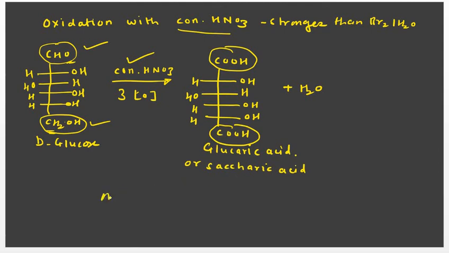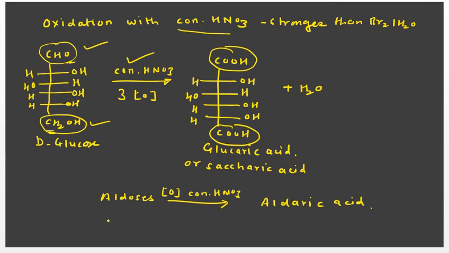So remember, when aldoses are oxidized by using concentrated HNO3, then they are converted into aldaric acid, remember.